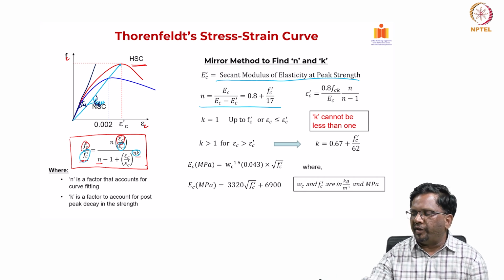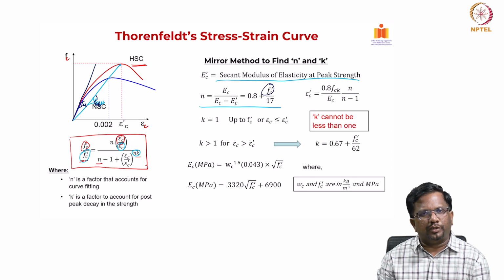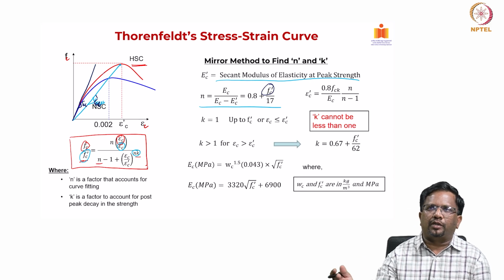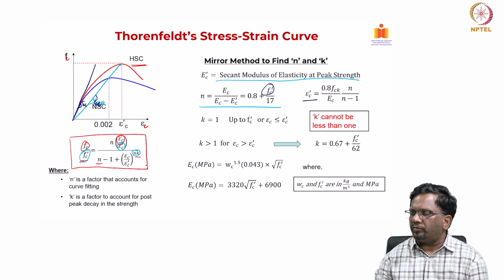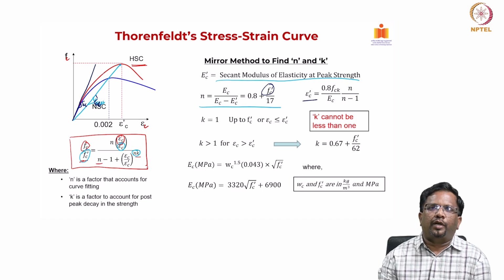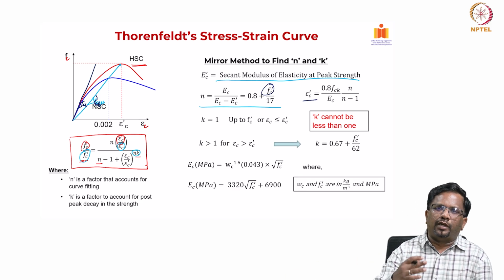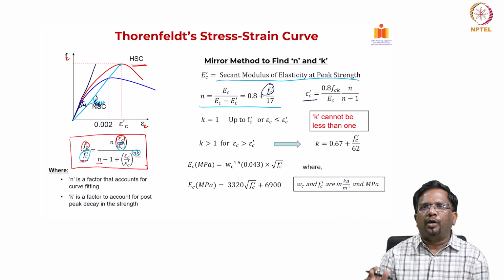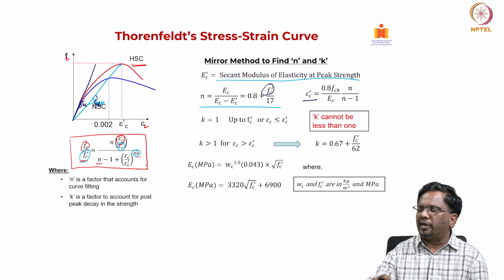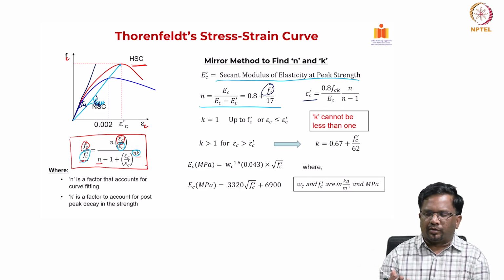That again can be defined in terms of f prime c. There have been a lot of experiments done and then the equation has been derived. Similarly, as we have seen from the last slide, the higher the strength of the concrete, epsilon prime c also increases to an extent. But how much it increases is again a function of the strength of the concrete, right.